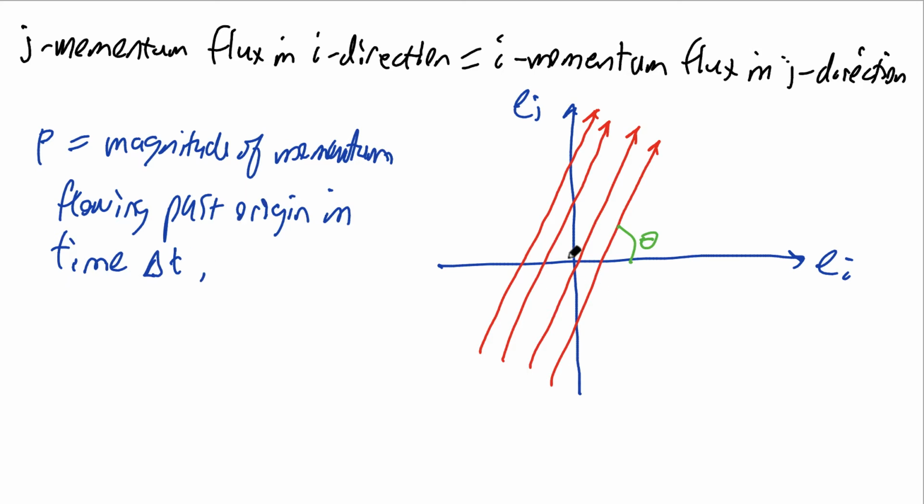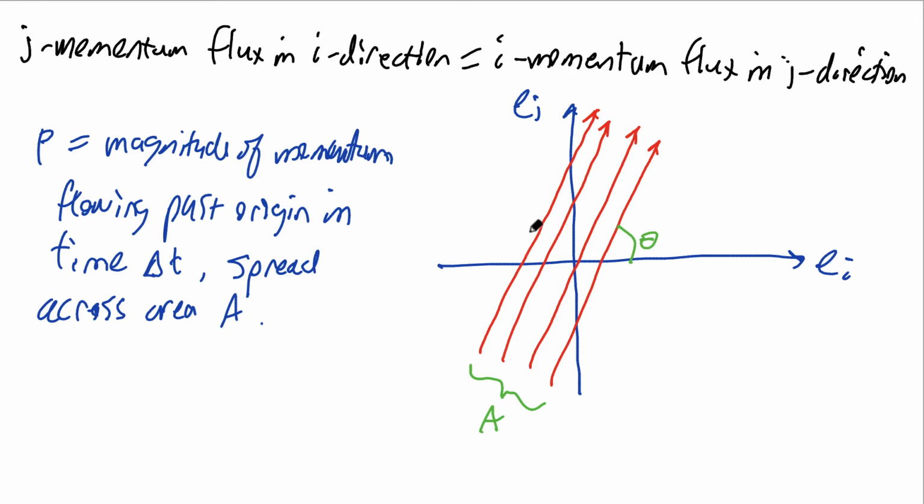And this bundle of flow lines, material or fields, let's say it spans a cross-sectional area A. So this momentum is spread across the cross-sectional area A. Now let's write down the J momentum flux in the I direction. In other words, the j component of the momentum flux across the surface that's perpendicular to the I direction.